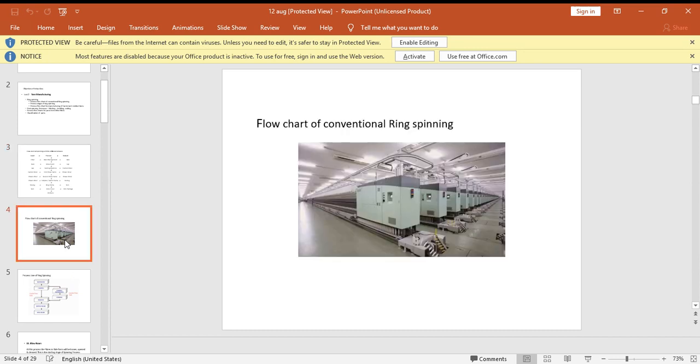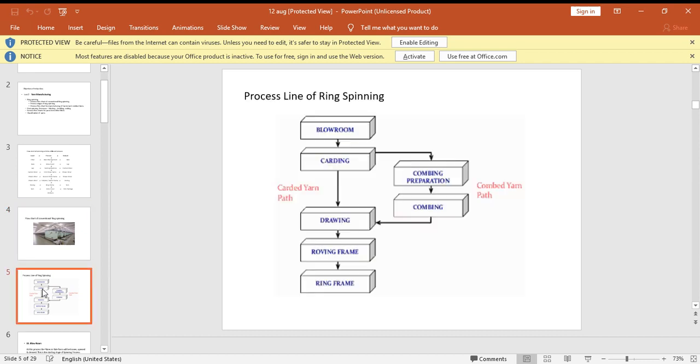And you can see the picture of the conventional ring spinning which is located in the company. Then next is the process line of ring spinning.